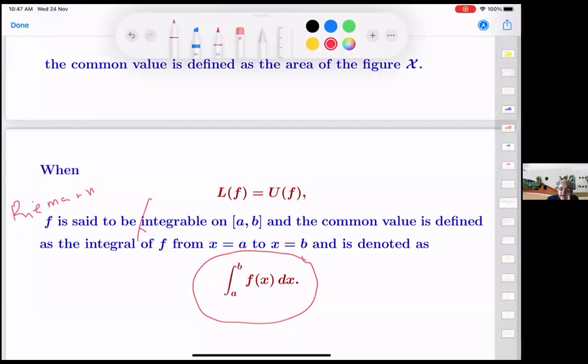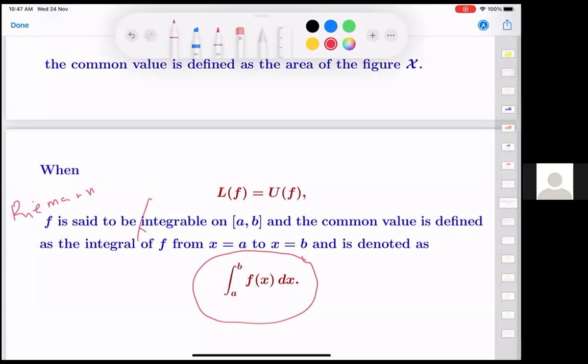Because as I said, if we are only going to deal with continuous functions f, then the thing is fairly easy. All notions agree and there's not much to do. But there are lots of examples of interest where the function may not be continuous.